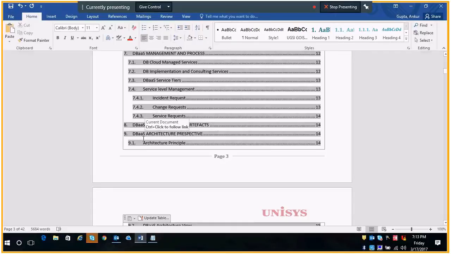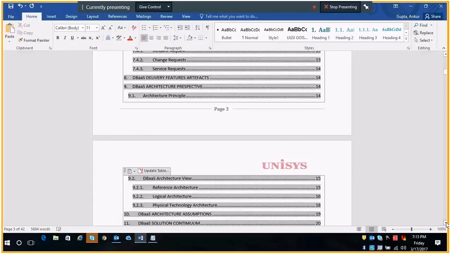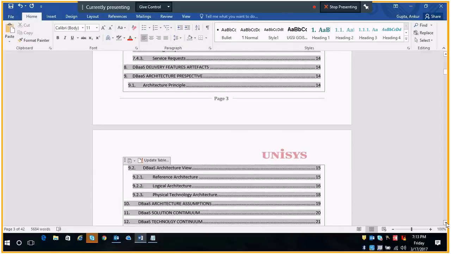Then we need to understand the database architecture perspective next, which talks about the architecture principles, that is, what we are considering for our architecture. It starts from scaling, meaning elasticity scaling. It should have the tendency that we are having a multi-tenant environment, and I think that's it. Those things we are talking about in principle for architecture.